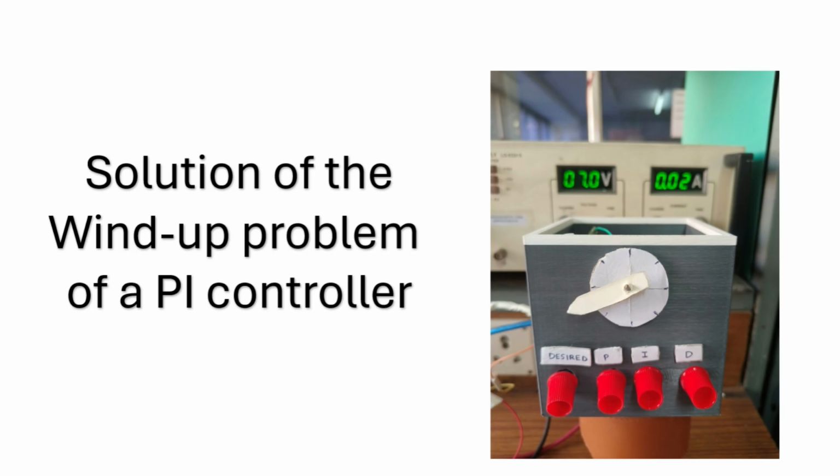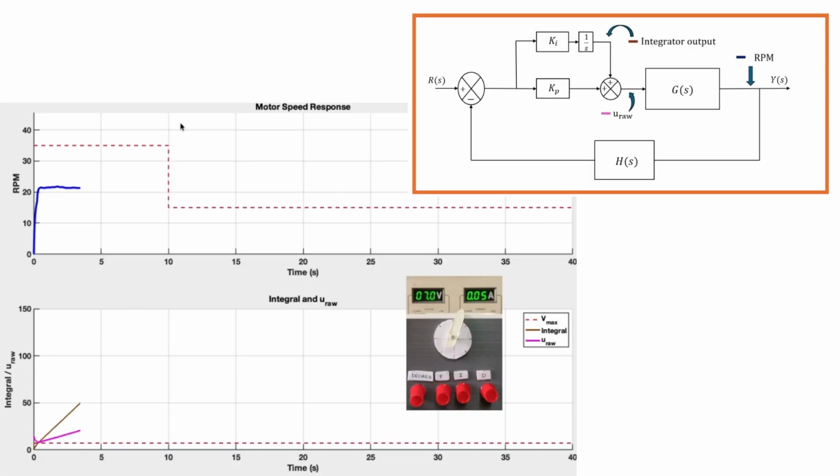Now to handle this problem, what we are going to do is limit the output of the integral controller. So we say that if the integral controller's output is, say, above 50, we will stop the integral controller. Because what was the problem?